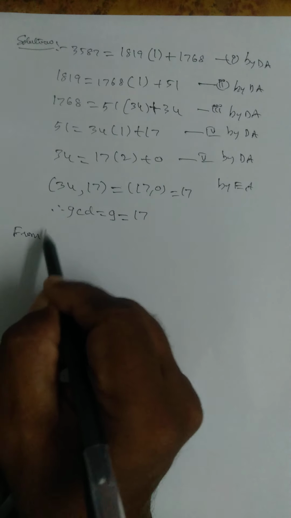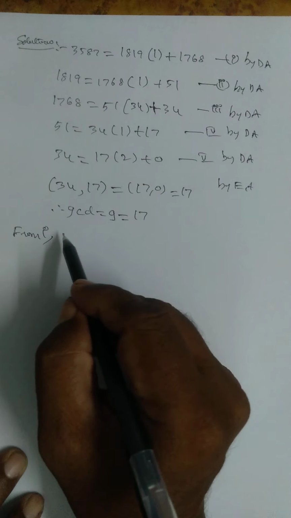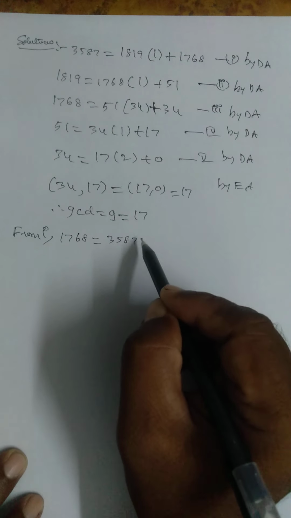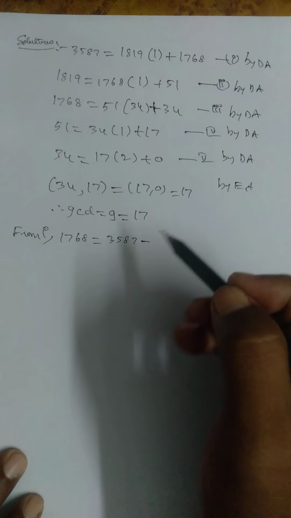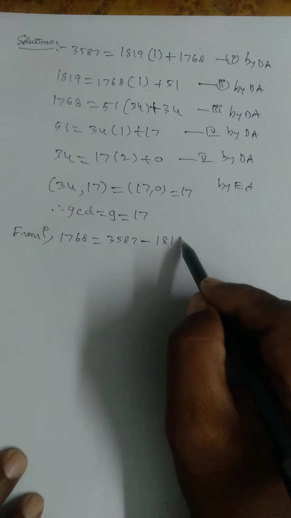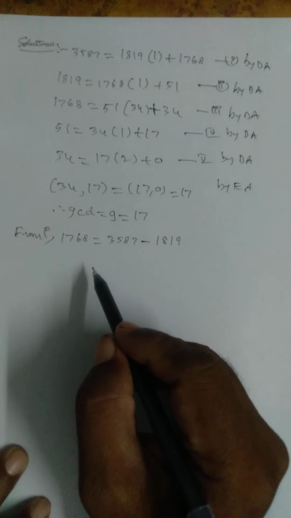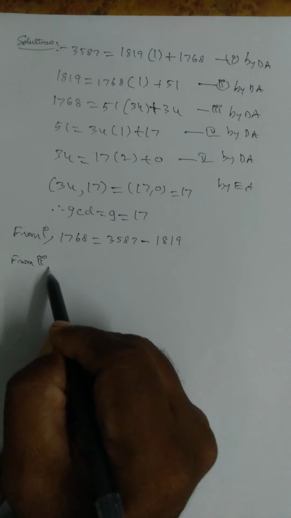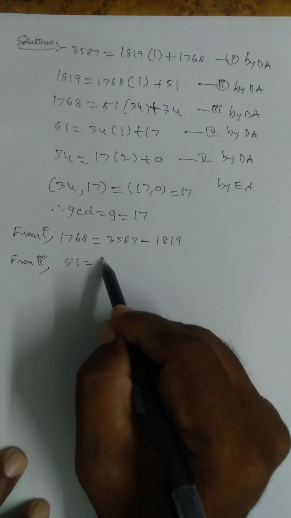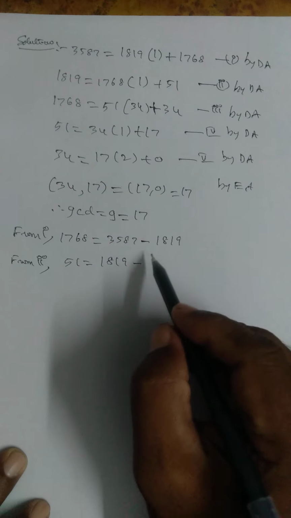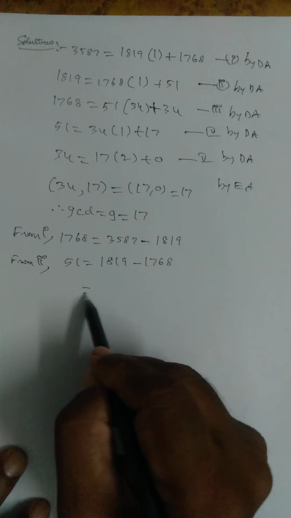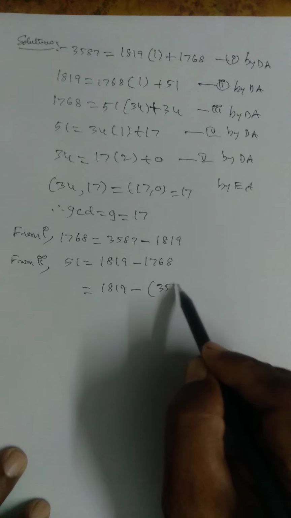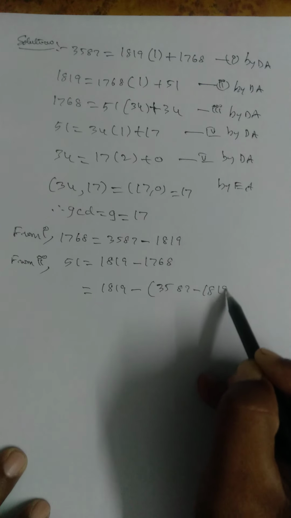Now write from 1: 1768 is equal to 3587 minus 1819. From 2: 51 is equal to 1819 minus 1768. 1819 minus what is 1768? 3587 minus 1819.